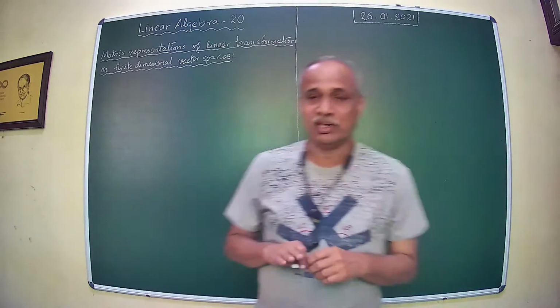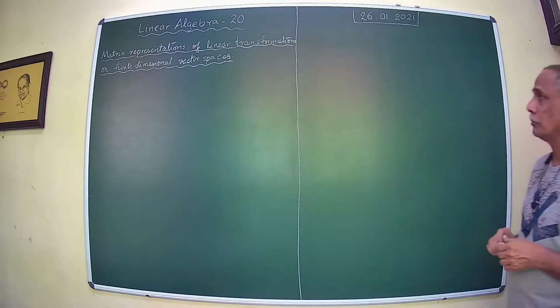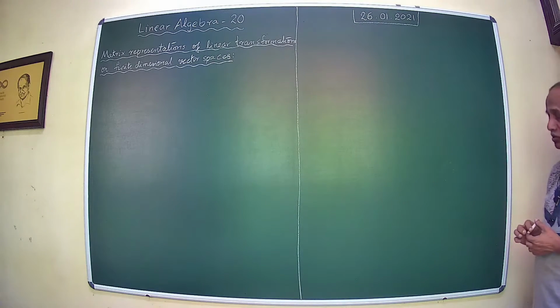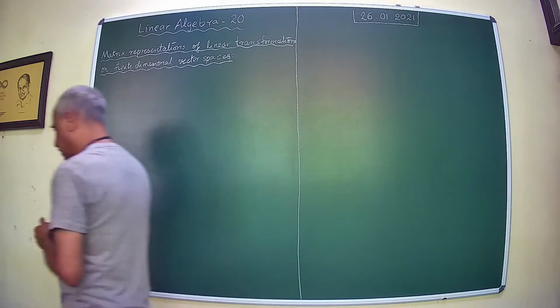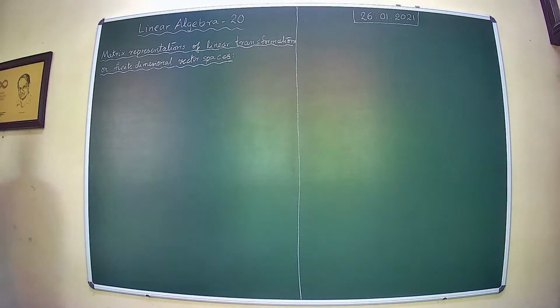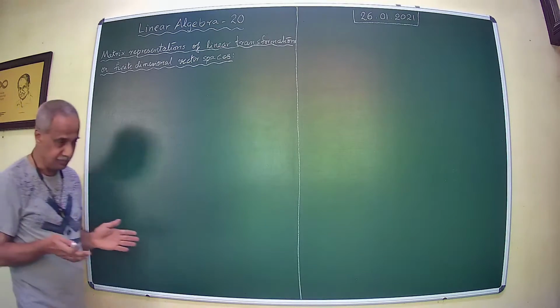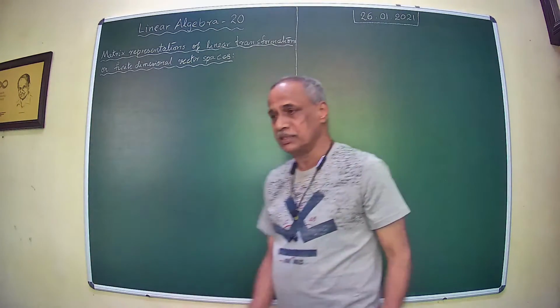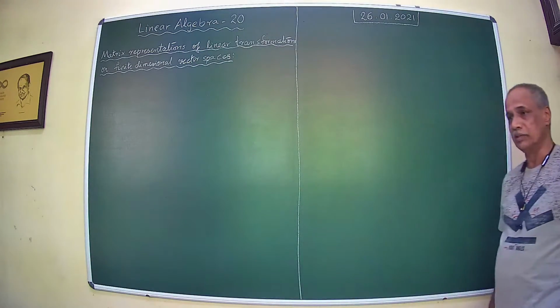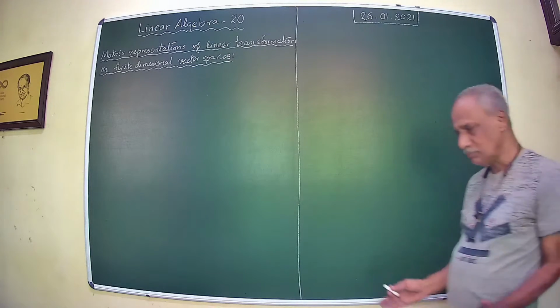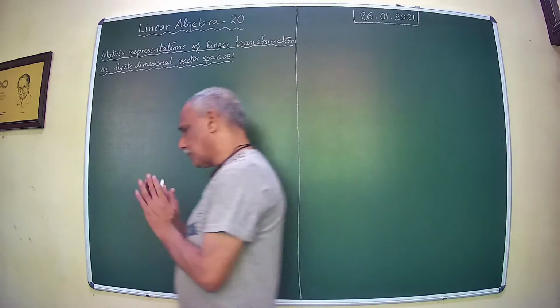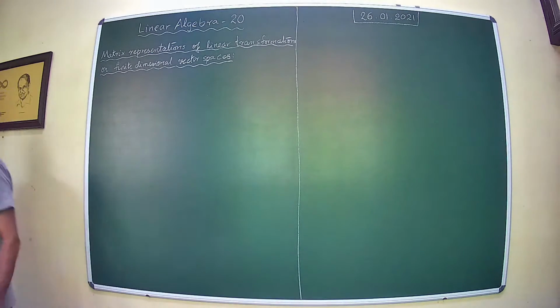In this lecture, we are going to consider matrix representations of linear transformations on finite dimensional vector spaces. We have already seen that matrices do give a wealth of examples for linear transformations, with all the intricate properties of matrices.